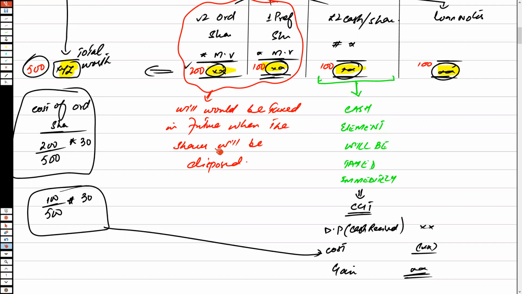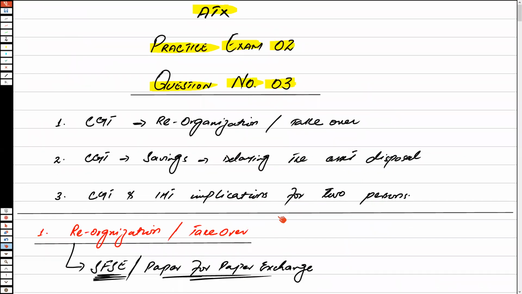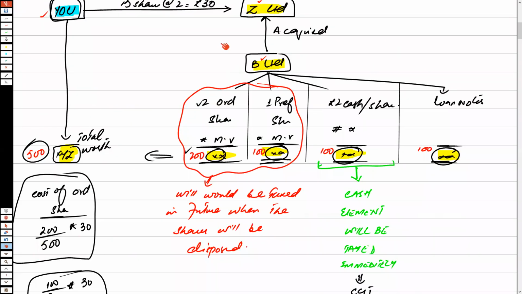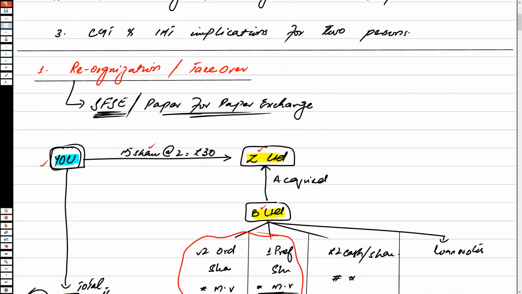Okay, now let's say I'm just adding and creating a scenario into the given situation. So the same is replicated in the exam question, which we are going to do after a few minutes. Let's say this reorganization or takeover is being held in the fiscal year 21-22. Assume company B is acquiring Z Limited shares in the fiscal year 21-22.